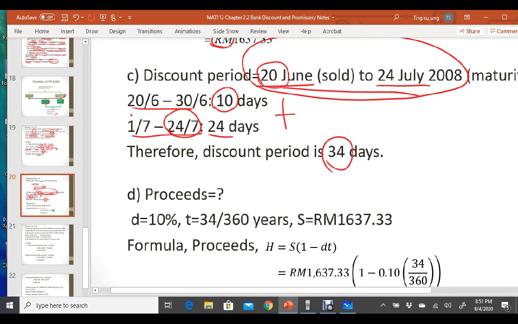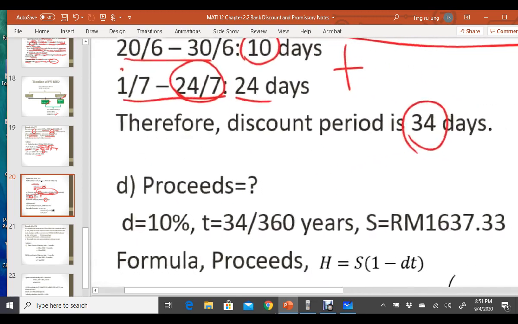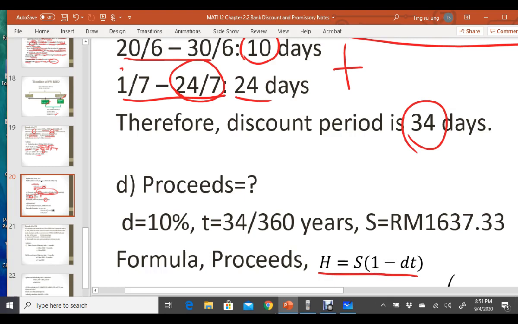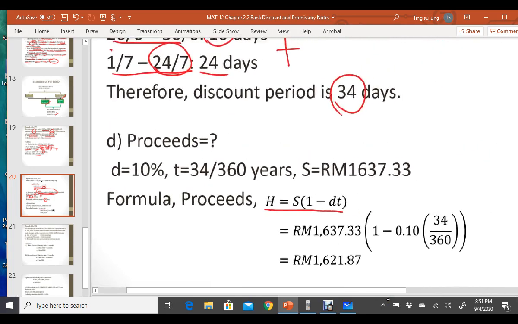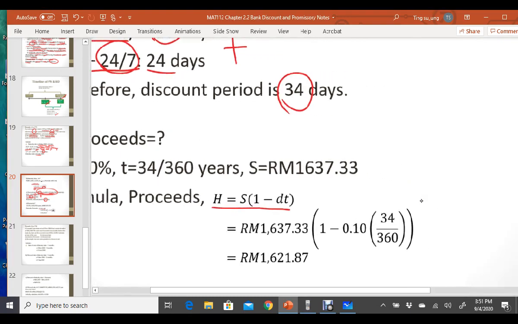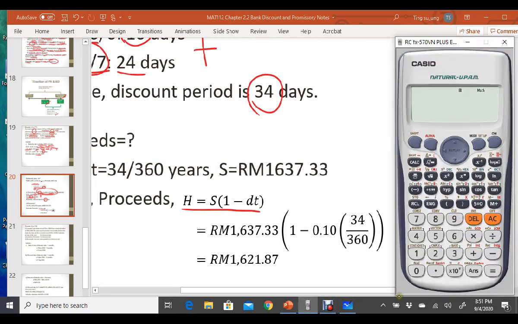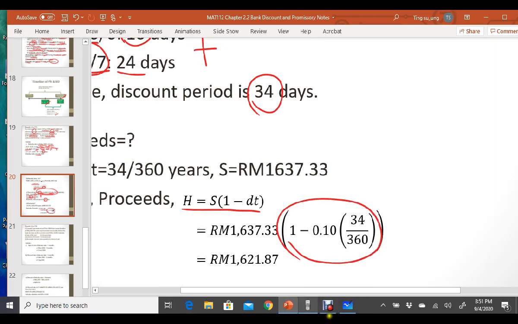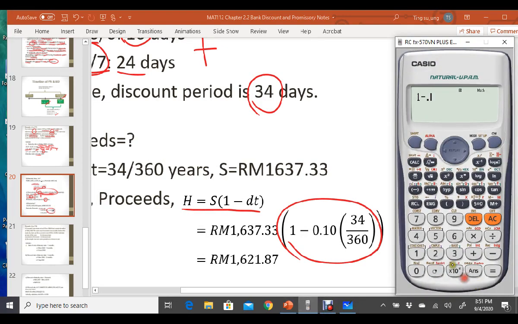So how to calculate proceeds then? Do remember proceeds is H = S(1 - DT). So substitute back the values. As I always said, solve the one in the bracket first, easier. So 1 minus 0.10 times 34, because it is 34 days, right?